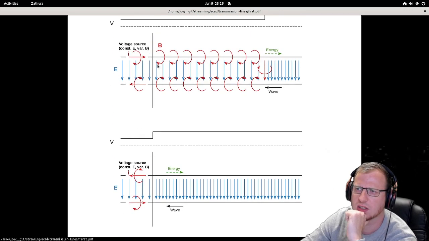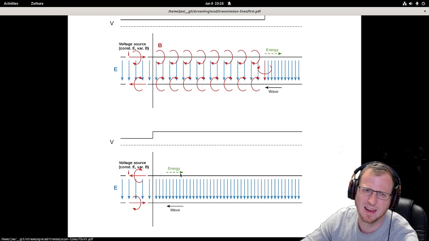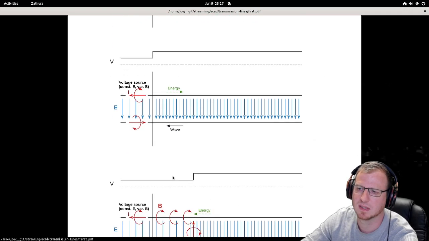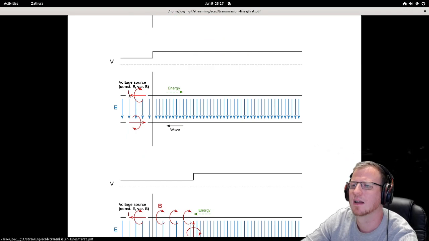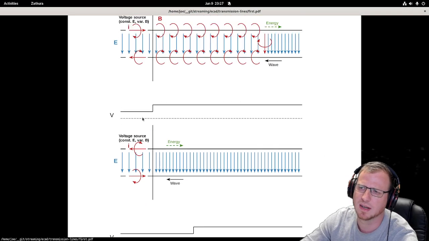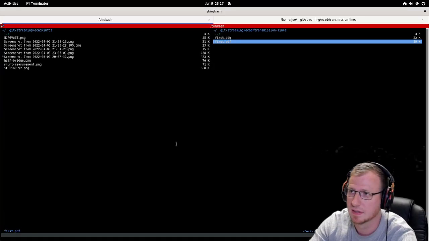No, this is not correct, because if we flip this arrow, then we have to flip this arrow. I flipped the arrows too early, the current arrows. I want to change this.